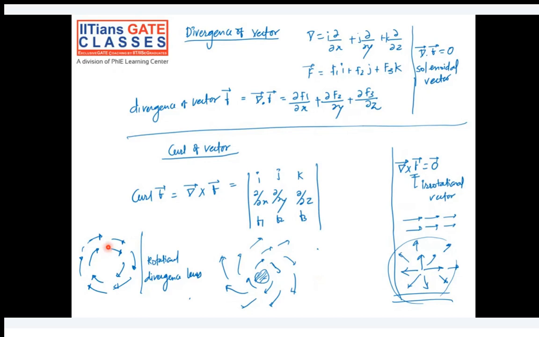Another point related to this: let's say omega is the angular velocity.